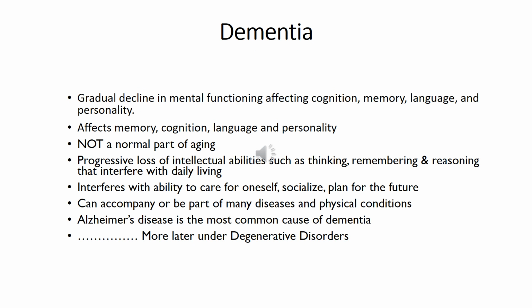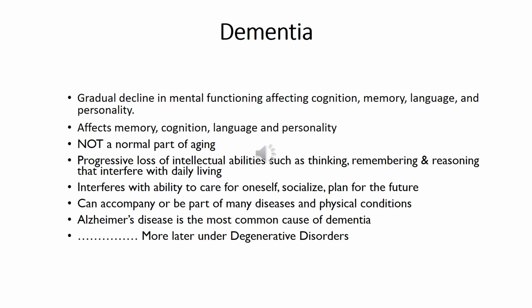Dementia is a gradual decline in mental functioning affecting cognition, memory, language, and personality. It is not a normal part of aging. A sign can be progressive loss of intellectual abilities such as thinking, remembering, and reasoning that interfere with activities of daily living.